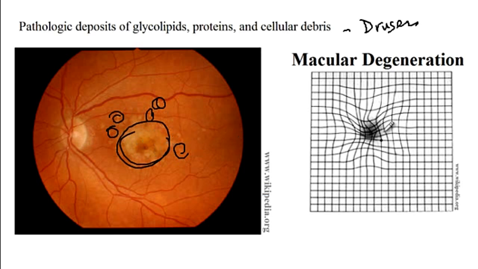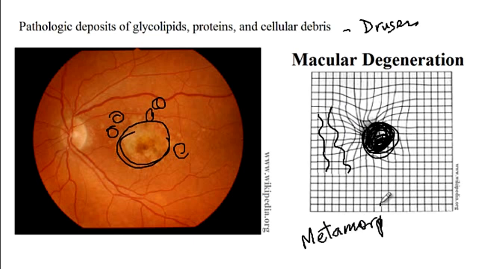Now, if you ask these patients to focus on the black dot, first of all, they may not be able to see it because the center vision is lost. So they would say, which black dot are you talking about? And then if you ask them about the lines around, they would tell you that they are curved, they are not straight. And this phenomenon is called metamorphopsia. So patients with macular degeneration present with scotoma as well as metamorphopsia.